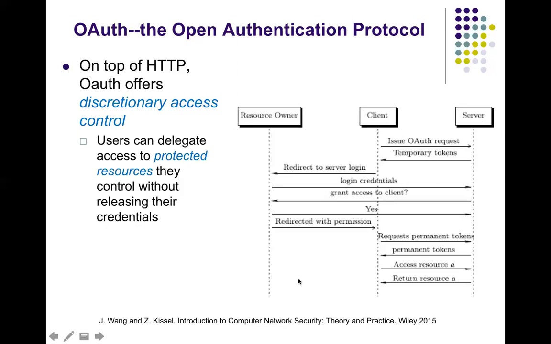The other one is discretionary, which allows the cloud's direct users to grant access to the resources under their control to their clients. Next, we'll talk about access control in untrusted clouds.